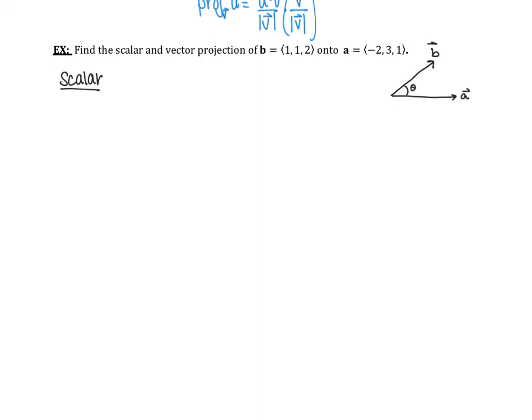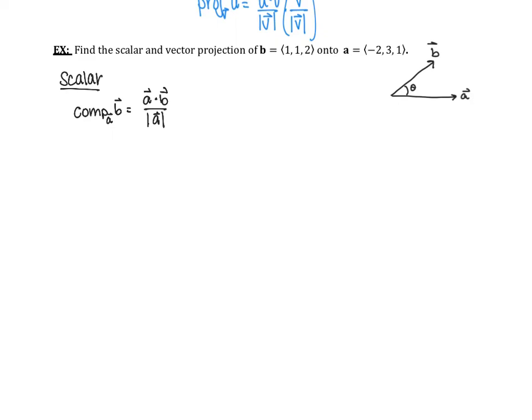I'm making a projection of B onto A. The scalar form says we're going to take the component of vector B onto A, and we remember we do that by doing the dot product A dot B over the magnitude of A.